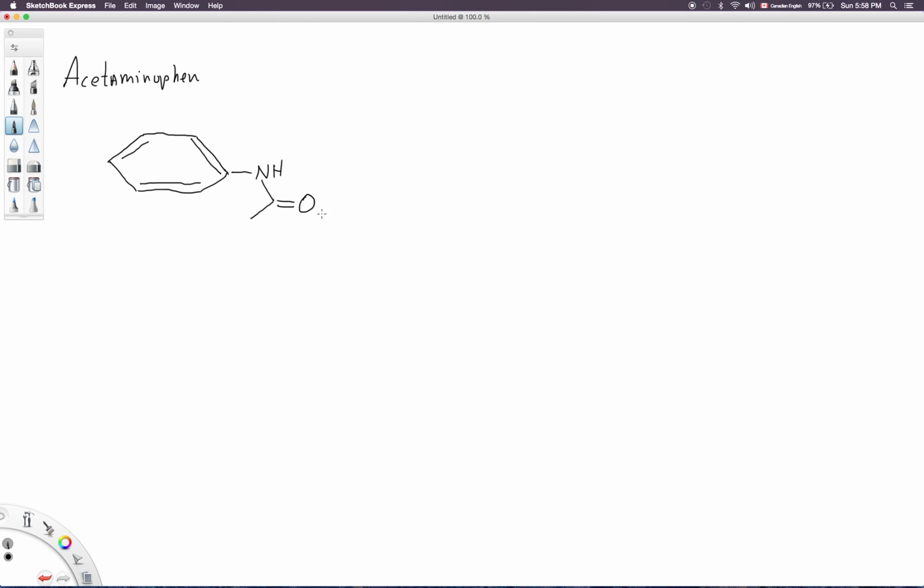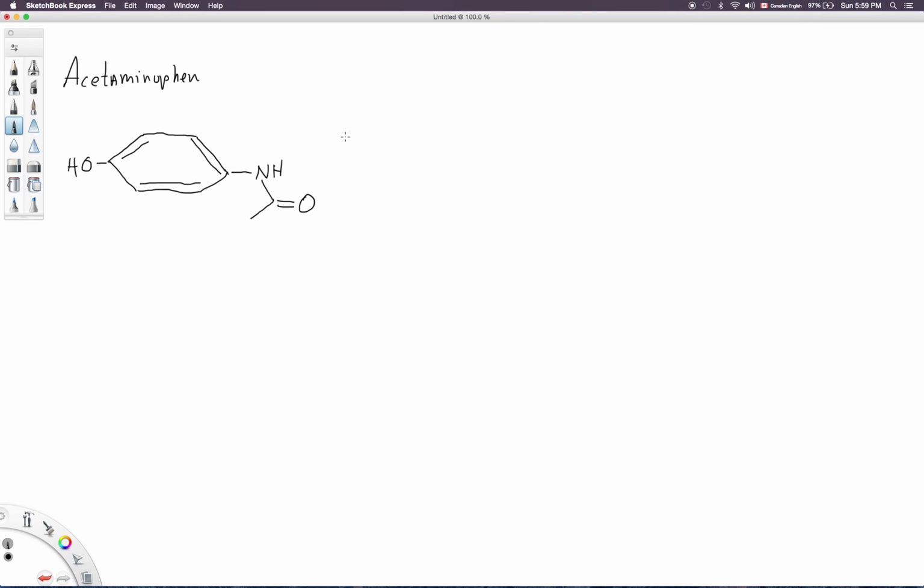And then finally I have a hydroxyl group hanging off the other side of that benzene ring. Easy enough. I've got an acetyl group here, benzene ring, hydroxyl group, and then a secondary nitrogen there.